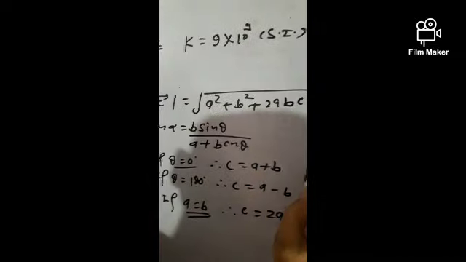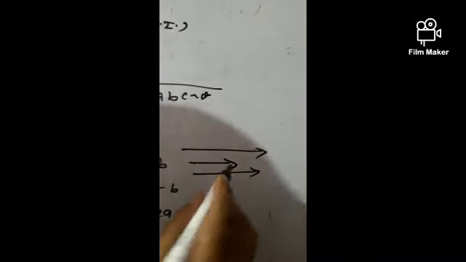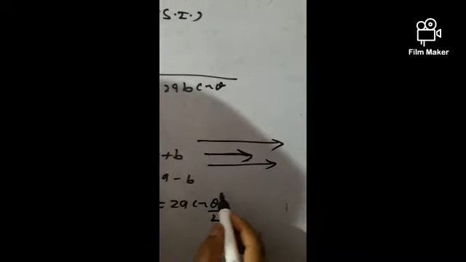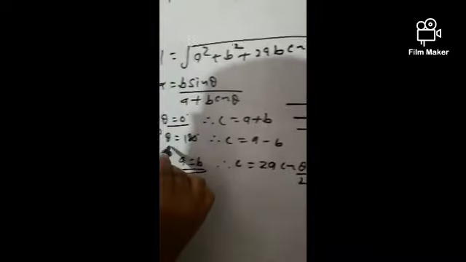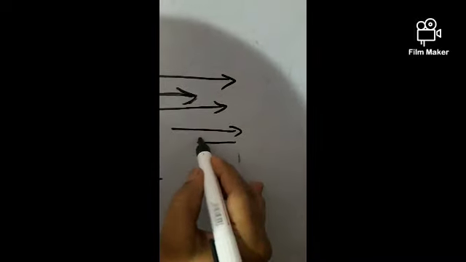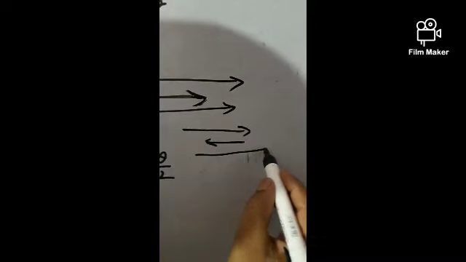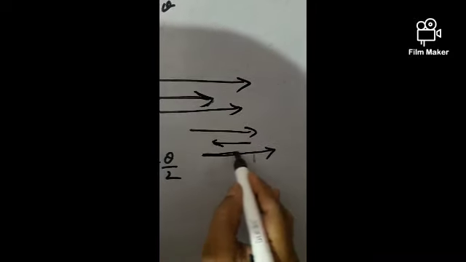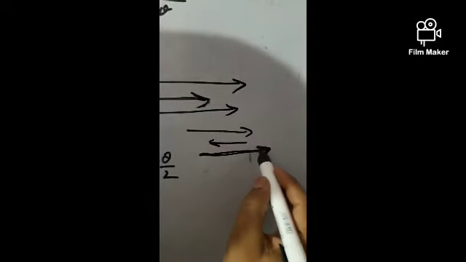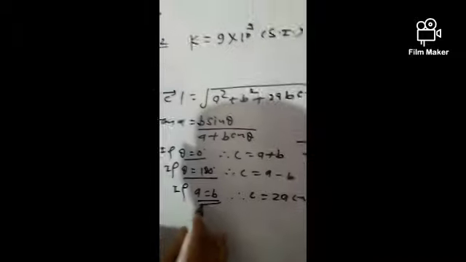When theta equal to 0 degree, resultant vector is along direction of both vectors, and when theta equal to 180 degree, then direction of resultant vector is along direction of vector of large magnitude, and when A equal to B, then resultant is passing through midpoint of both vectors.